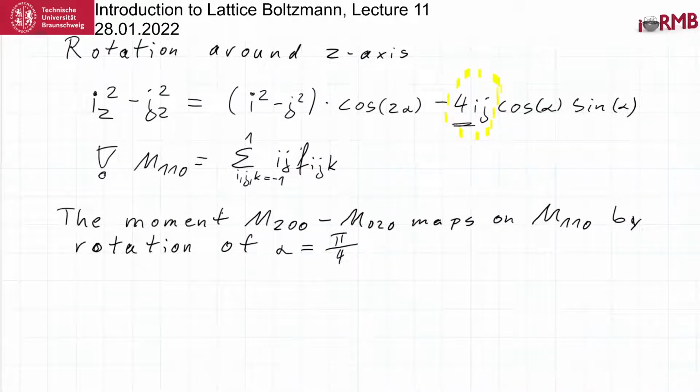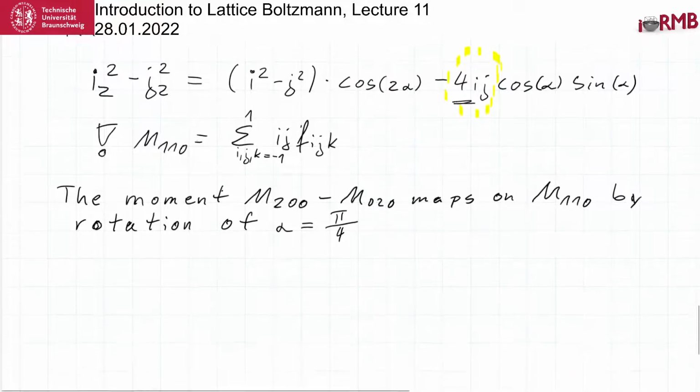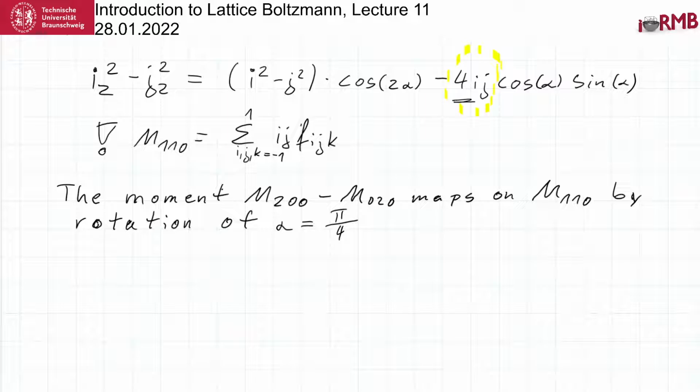And the interesting thing is that this applies to the moment, but it does not apply to the lattice, which is another problem that we sometimes have to deal with. Namely the lattice, so this is 45 degrees.